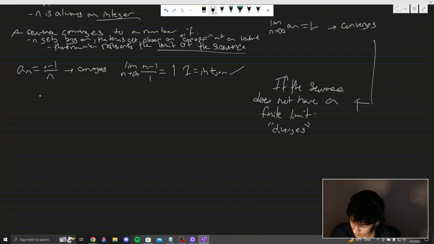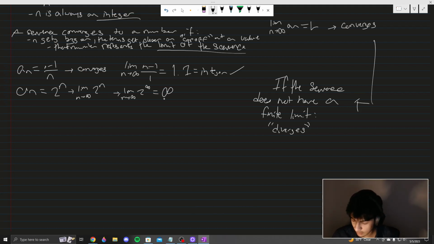However, in the situation a sub n equals 2 to the n, it diverges because the limit as n approaches infinity of 2 to the n, if we essentially substitute in, is 2 to the infinity, which equals infinity, obviously.